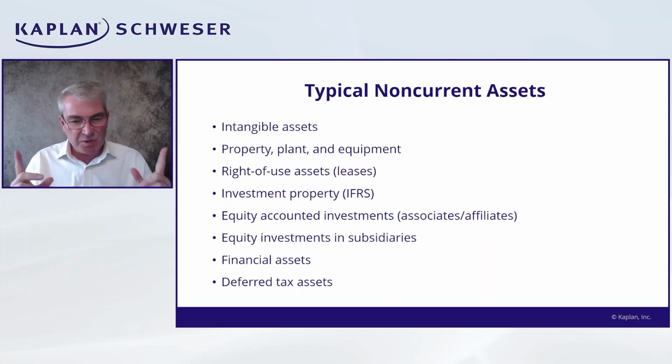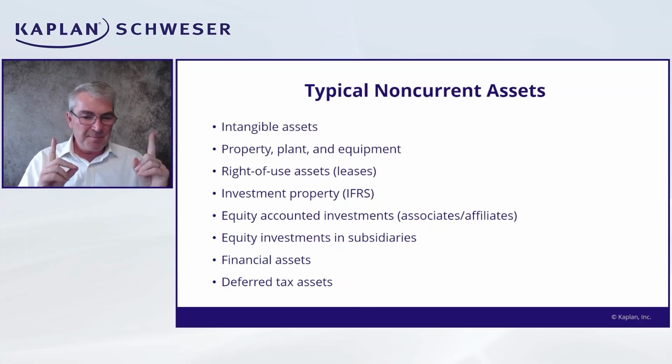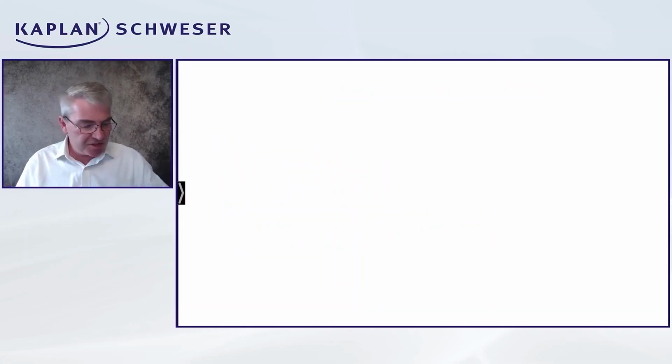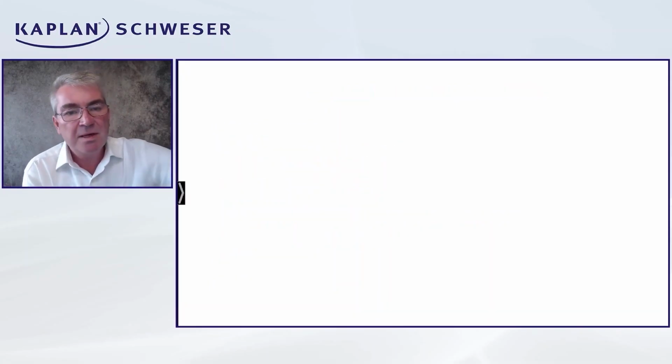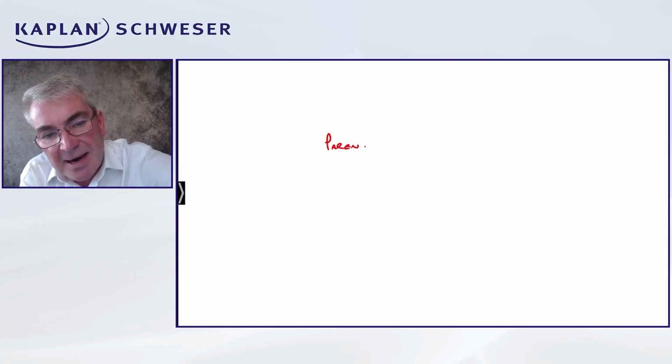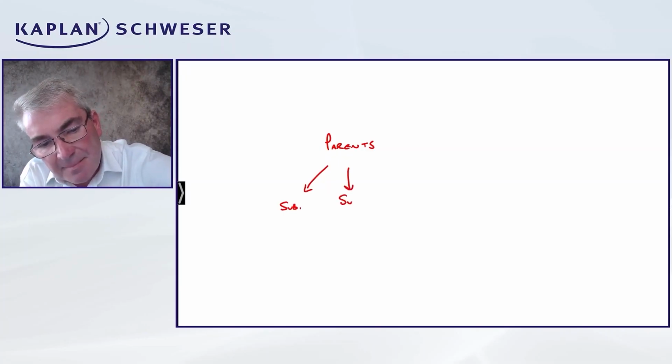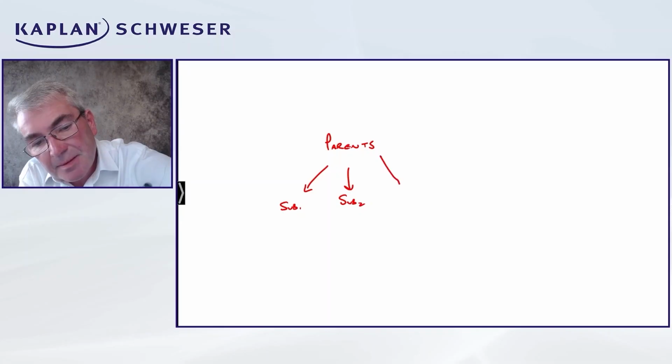Now, I think this is a good time just to talk about company accounts versus group accounts, because I think people get a little bit confused between the two. So let's talk about company accounts. Let's imagine that I've got a parent company. Here's my parent company, and it's got 3 subsidiaries: Sub 1, Sub 2, Sub 3.